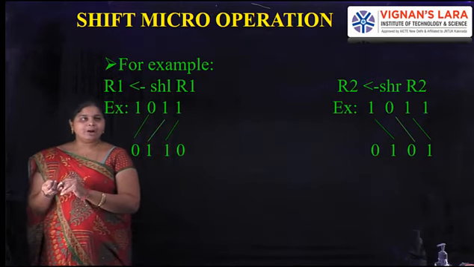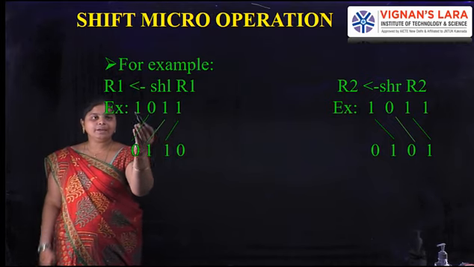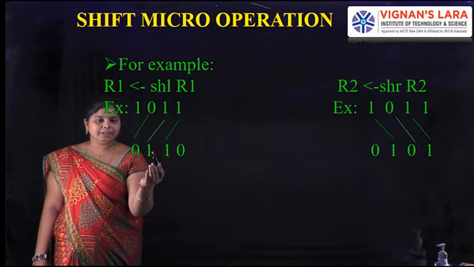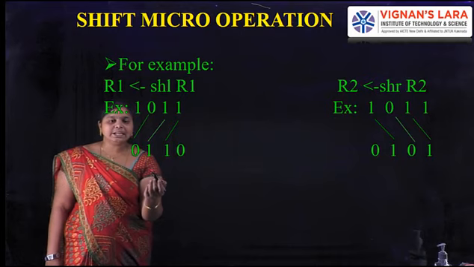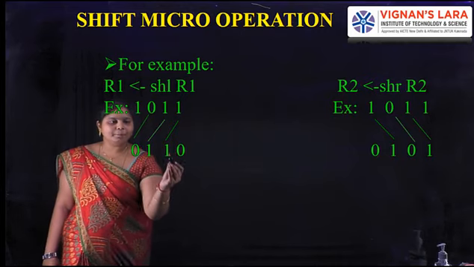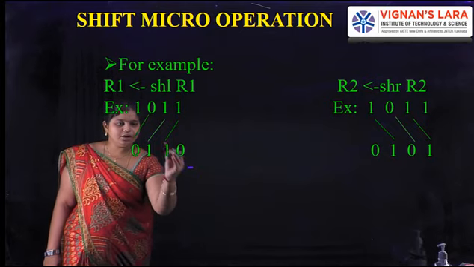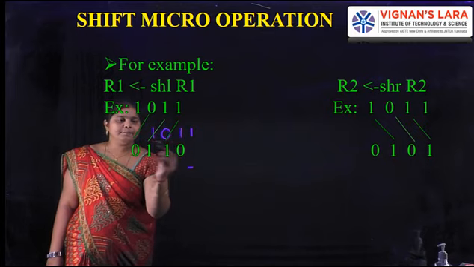Here we take 1011, and we have to transfer the information using the shift left. During the shift left, in the serial input manner, a 0 is placed on the right side. First of all, the information is 1011.